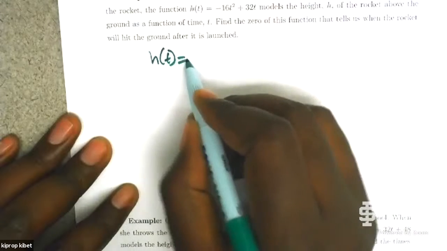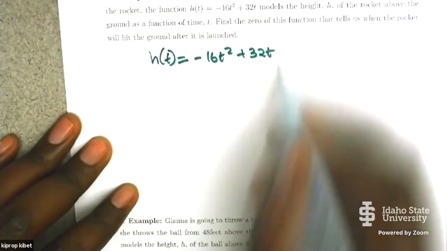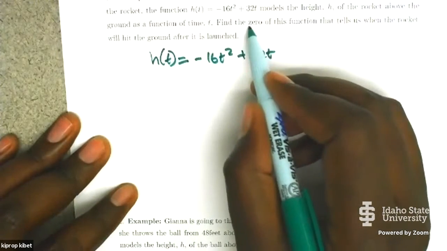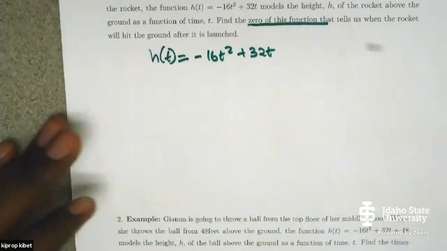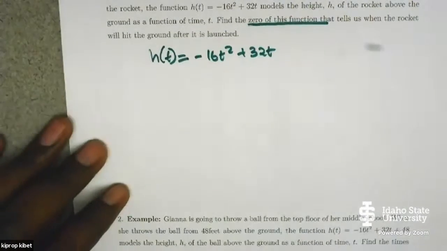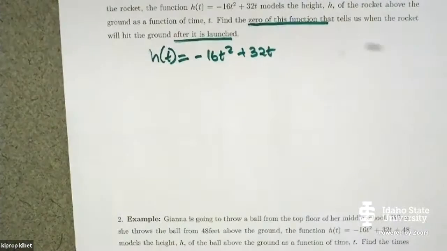Here, h of t equals negative 16t squared plus 32t. Now it says find the 0 of this function, that tells us when the rocket will hit the ground after it is launched. So you need to read the question first and then check what they're asking for, what they're looking for.